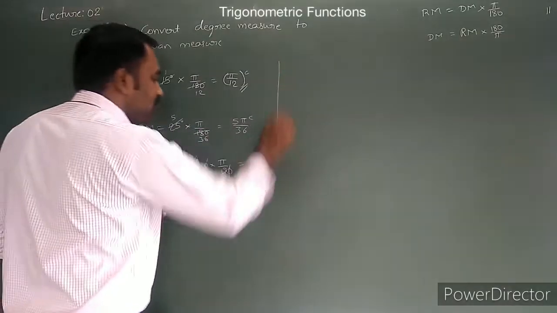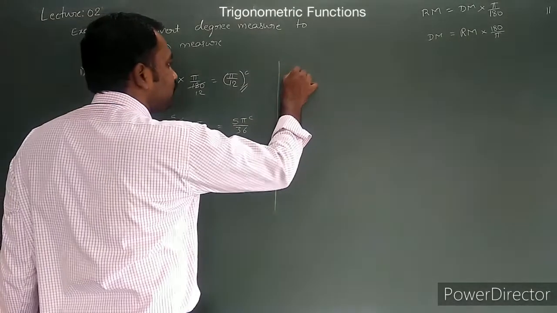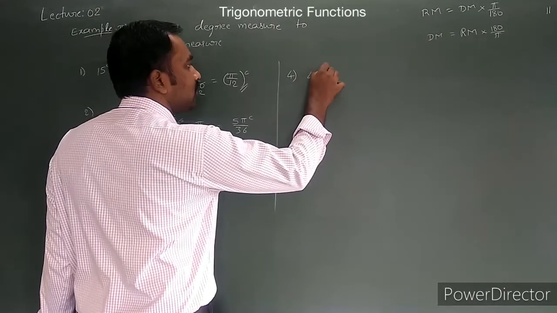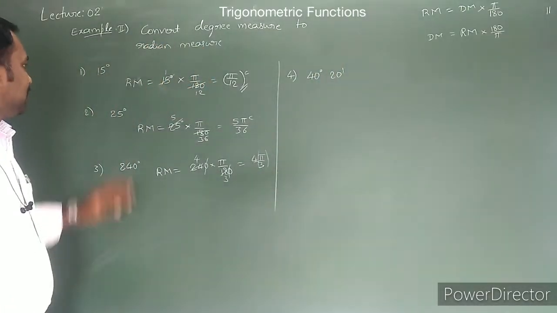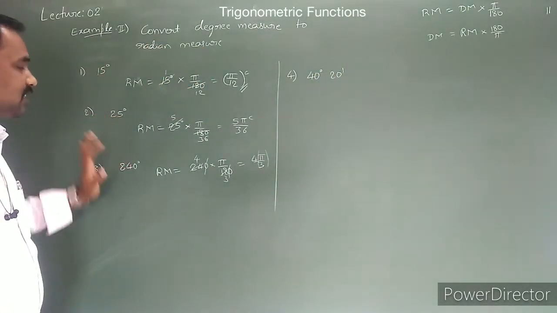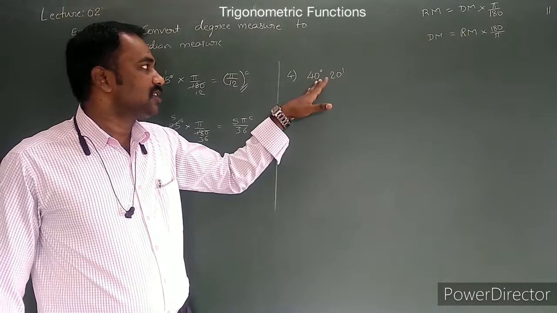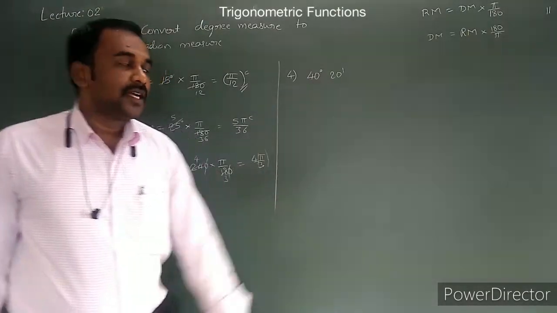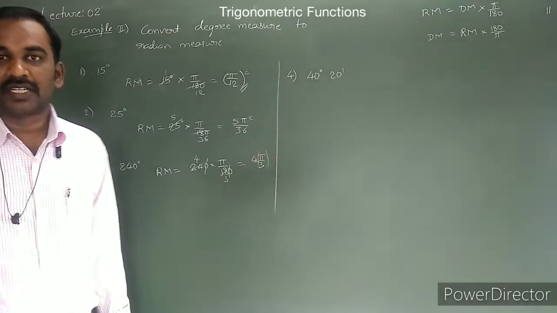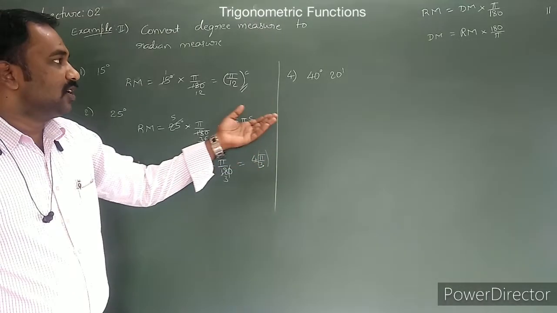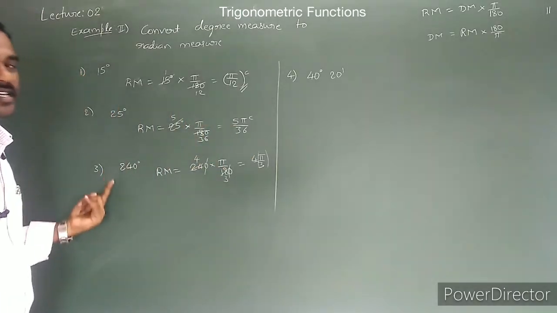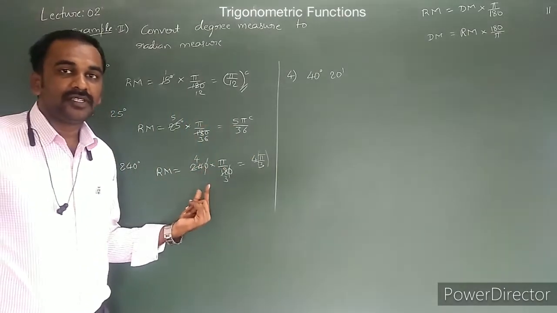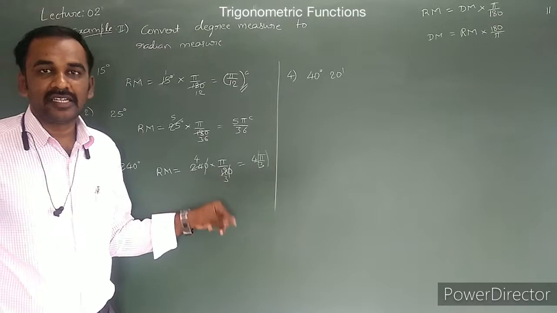Okay. Now next one is fourth one. 40 degree 20 minutes. Here directly they have one integer as a degree measure, but here it is an integer in terms of degree as well as the minute is also there. Previously we just converted radian measure to degree measure in terms of degree, minute and second.